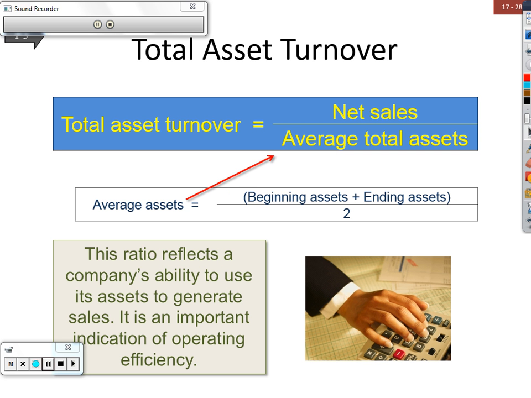Total asset turnover. Now this is a relatively different and unique one, because we know that companies hold on to assets because they hold value, right? But in the event that they had to be liquidated, then what is the average amount of sales that it generates?